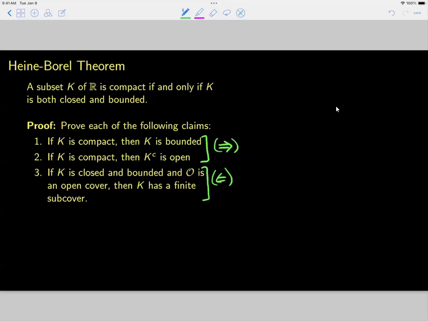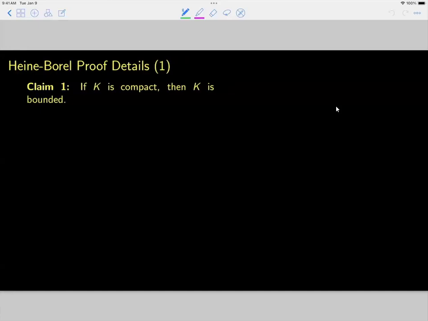So first we want to show that if K is compact, then K has to be bounded. All right, so how are we going to do that? I'm going to take my compact set, and I'm going to write down an open cover for it.